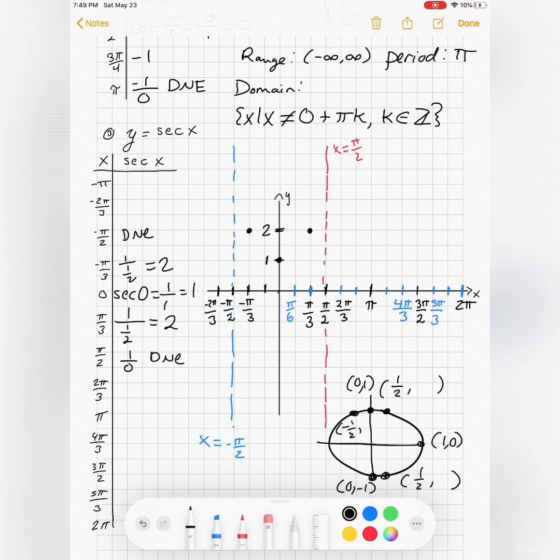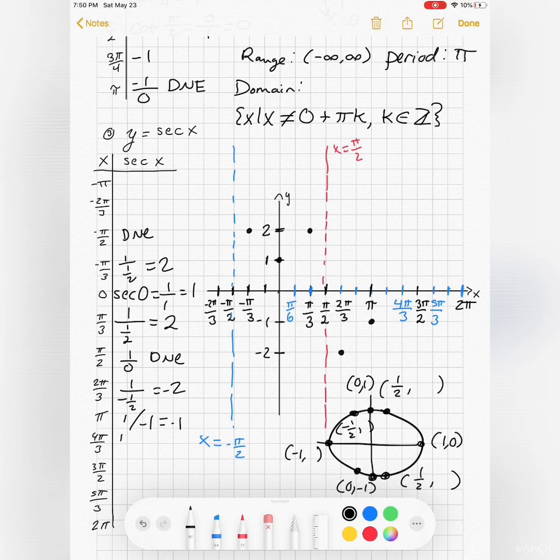The x there is -1/2, -2. Pi: 1/-1. 4 pi/3.